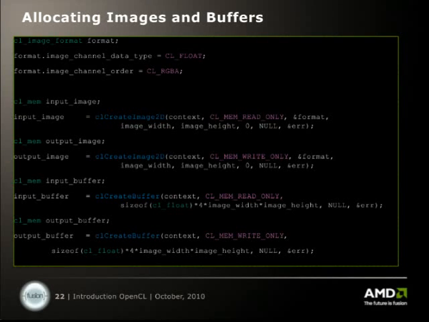And here's some more code on how to allocate buffers and images. You can see that when we do a clCreateImage or a clCreateBuffer, as we do here, we get back an OpenCL object as a return value, because of course we're creating a new object.